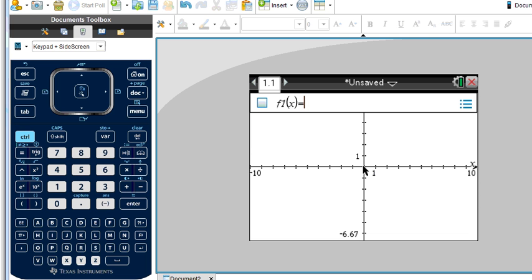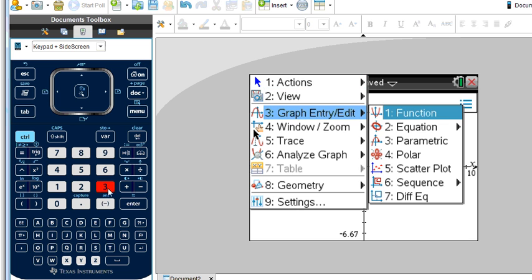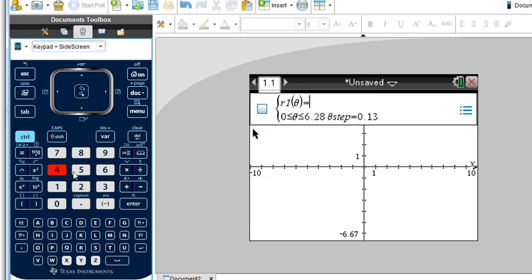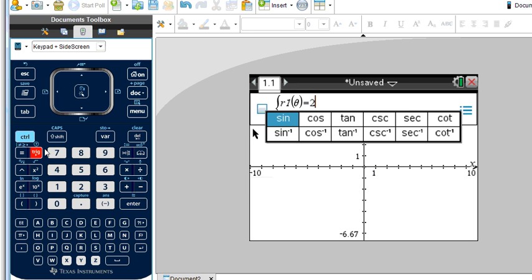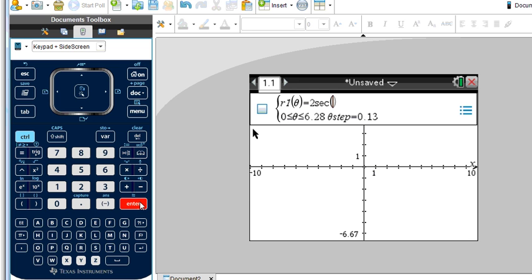Now verifying by graphing using the graphing calculator, we're in a graph page already. So we go to menu, graph entry edit 3, we're going to enter a polar equation, and we're going to enter 2 times the secant of theta. We could have entered 1 over cosine theta.